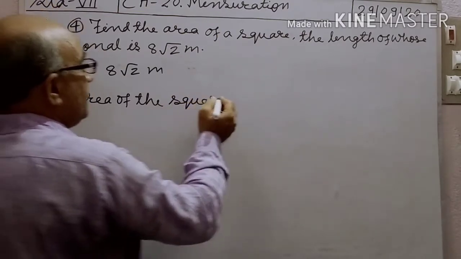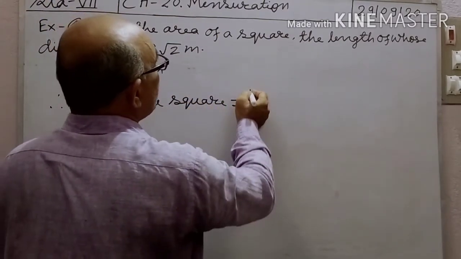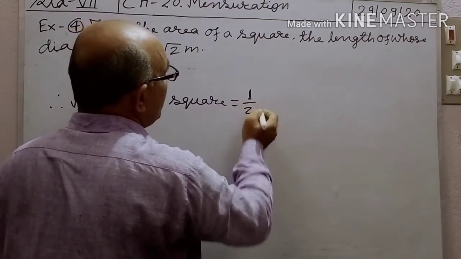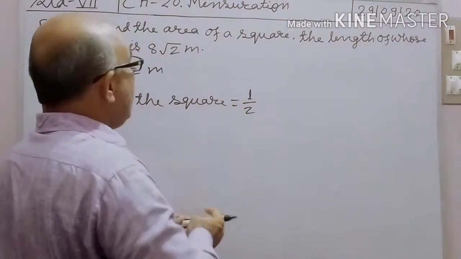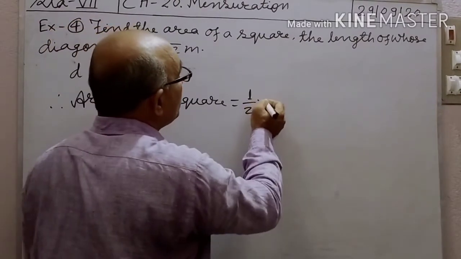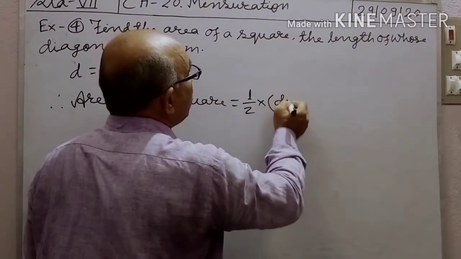Area of the square equal to, direct formula is area of a square equal to 1 by 2 into diagonal square.